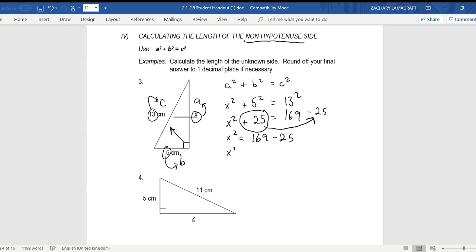And in this case, x squared would be equal to 144. And we know the opposite of to the power of 2, or squaring something, is the square root. So to get rid of that, we're going to square root 144, and x is going to be equal to 12. So therefore, A is equal to 12 centimeters, okay? And that would be our answer.